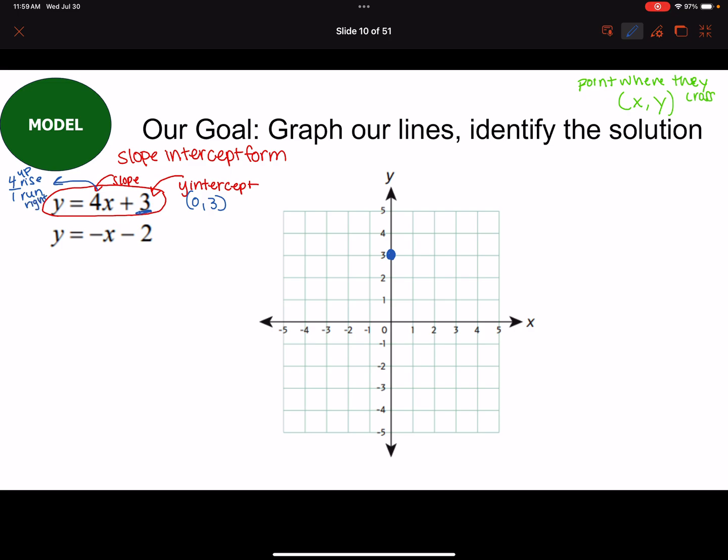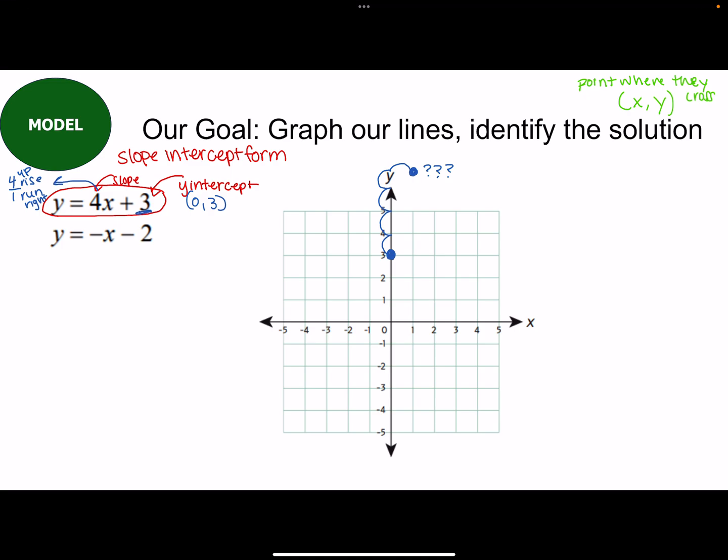Problem on this graph, if I start at 3 and I go up 1, 2, 3, 4, over 1, I'm kind of off the graph. I can estimate it's around here. The other option is to work my way backwards. If I can go up 4 and 1 to the right, then I can go down 4 and 1 to the left. So the alternative to make this line is go down 1, 2, 3, 4, over 1.